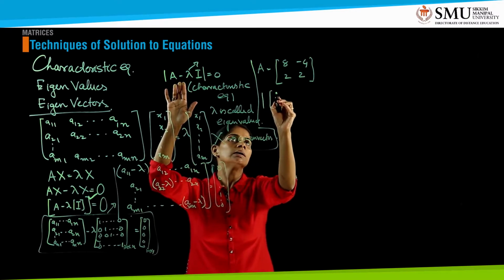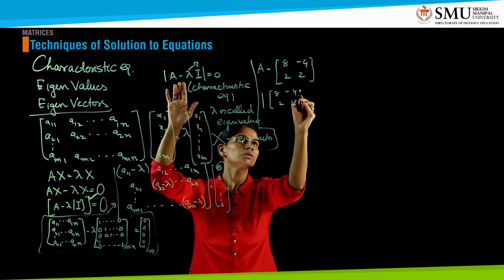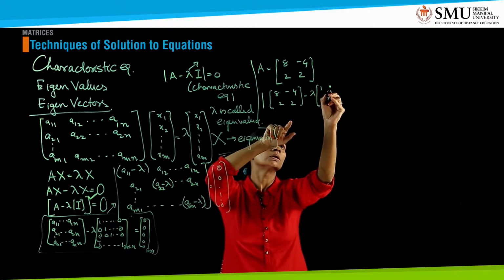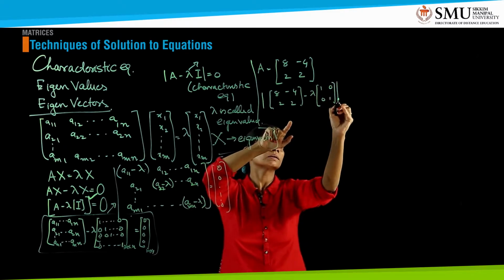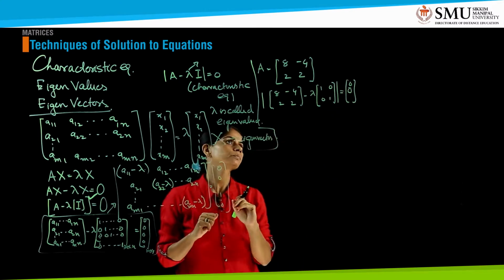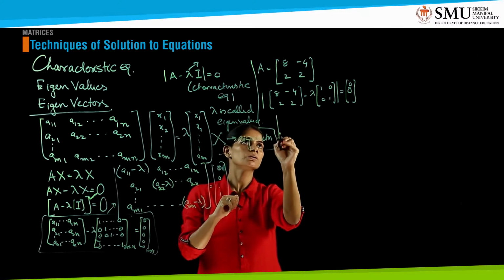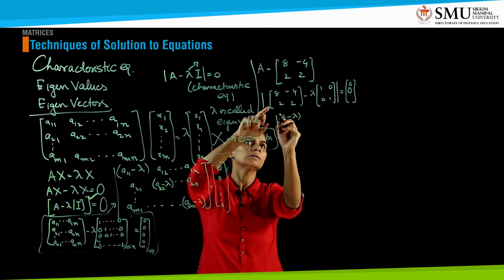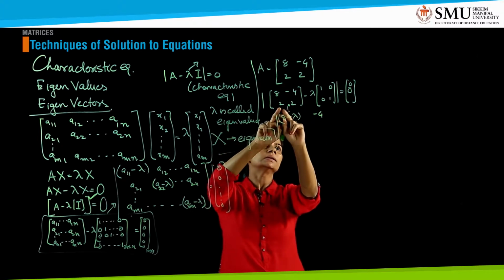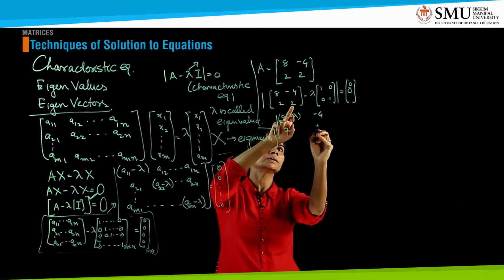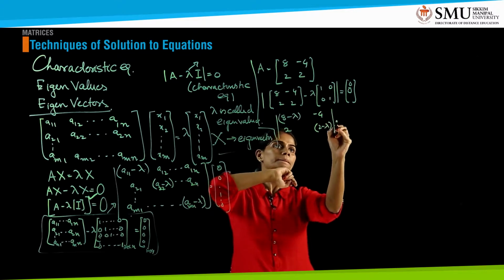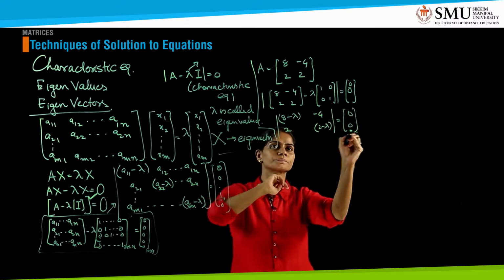It is the determinant of A minus lambda times the identity matrix, which will be 2 cross 2, with rows 1, 0 and 0, 1, and it should equal 0. Expanding this, you get 8 minus lambda, minus 4 as it is, then 2, and here 2 minus lambda, equal to 0.